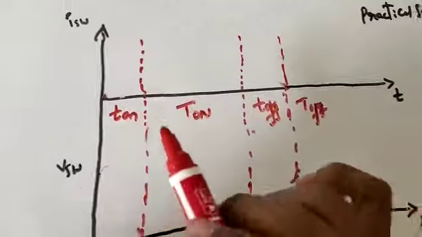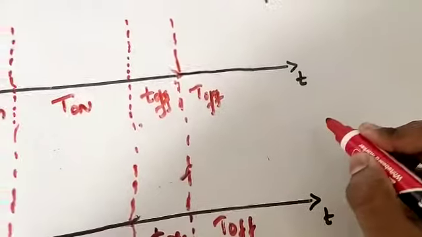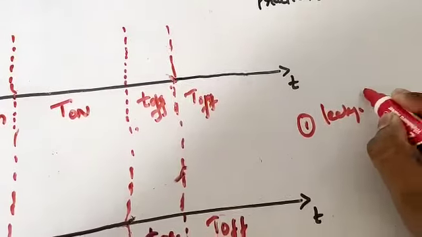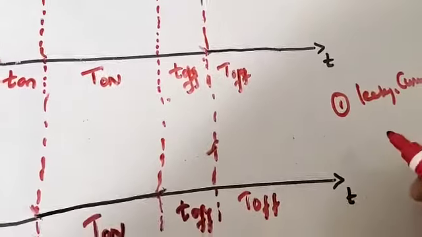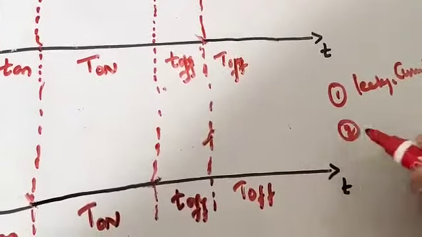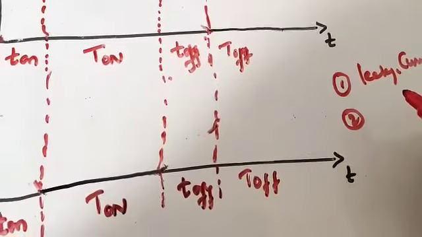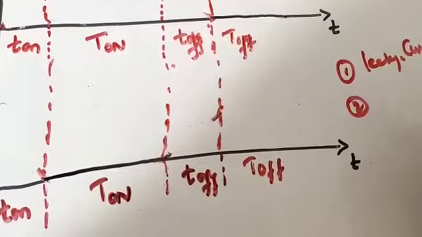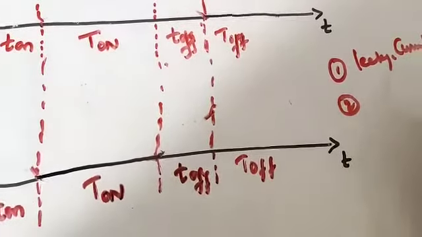First thing to remember: there exists some leakage current. And the second point is there exists some on-state voltage, and hence the voltage will not reach zero in the T on state.